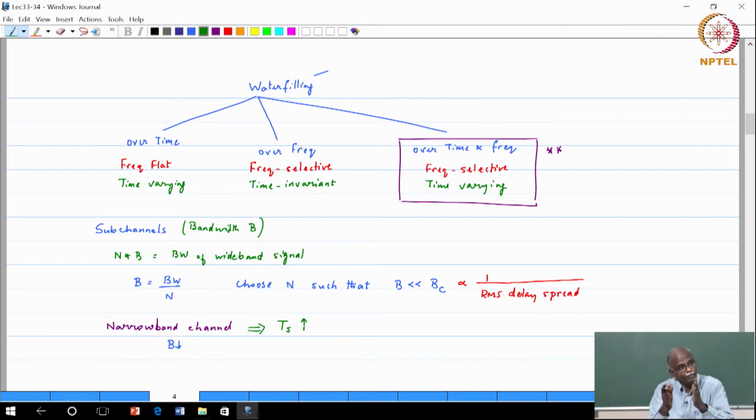If I reduce the bandwidth, that means the baud rate has reduced, that means the symbol duration has increased. So this is going to imply that the effect of ISI, intersymbol interference, is actually going to be less. Okay, so this is going to reduce.